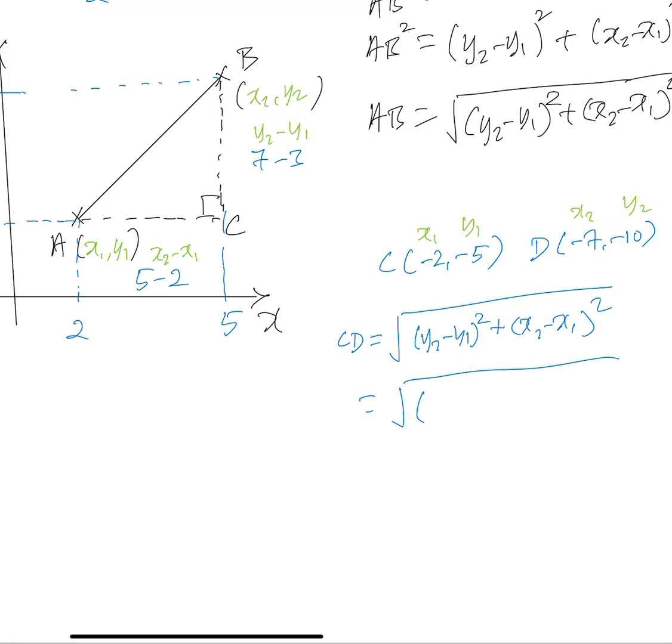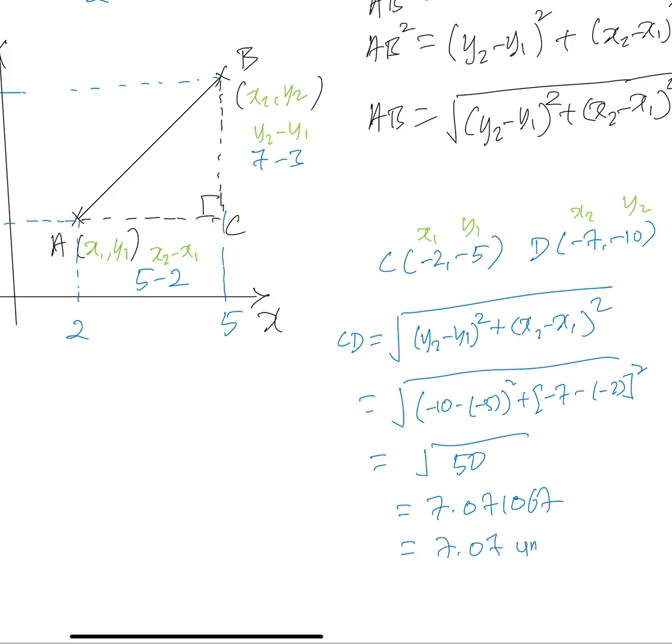So it is (-10 minus -5) squared plus (-7 minus -2) squared. I should use square brackets. When you press the calculator, I'll get the square root of 50, and I write it down this way, to 3 SF.